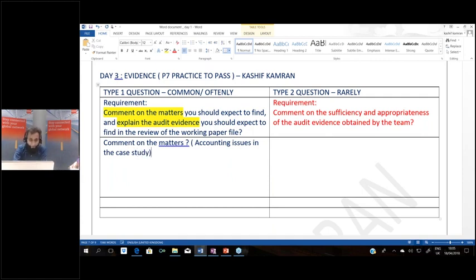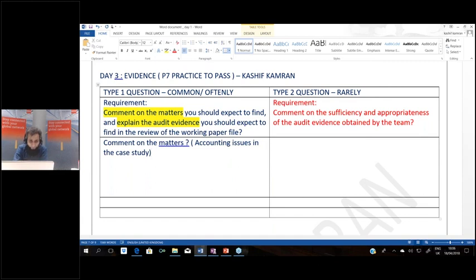The examiner is not telling the subject matter of the matters. It's just saying comment on the matters, but the examiner is not specifying which matters. So that is a very generic statement. So when the examiner says comment on the matters and the question is on evidence, then the matters by default are accounting issues or accounting problems.